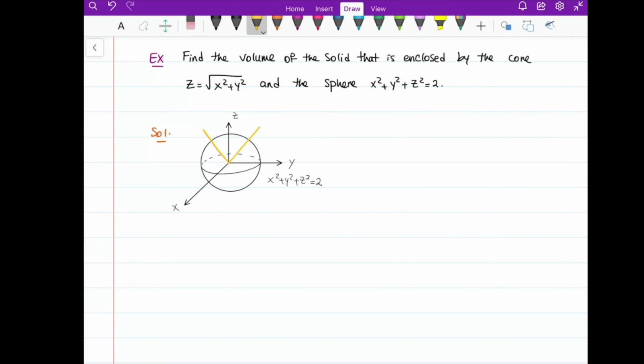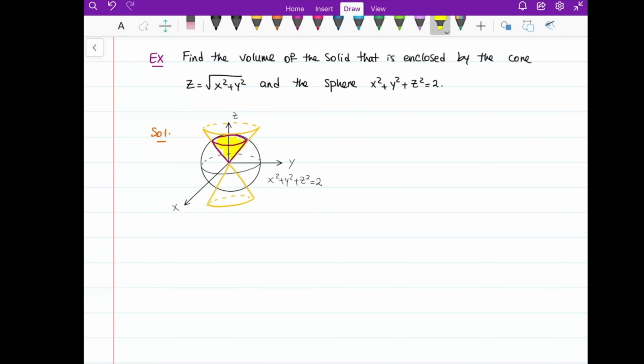The cone would have a top and bottom, but I don't have the bottom part, just because z equals the square root, that's why I don't have this part. So I want to find the volume between these two, which is basically the part we have right there.